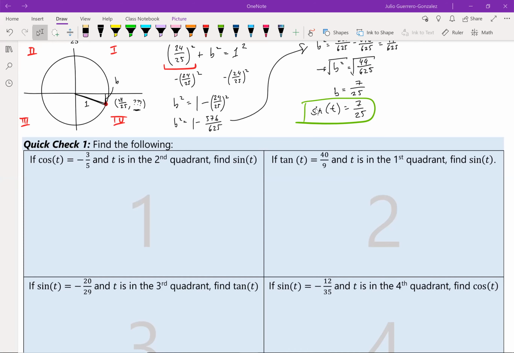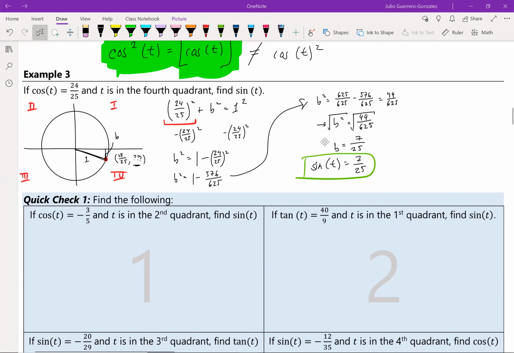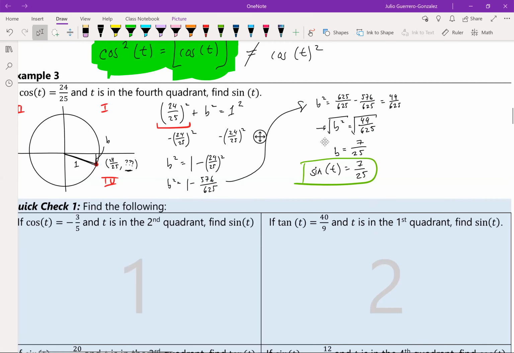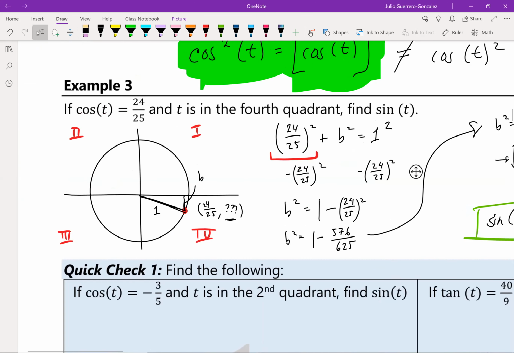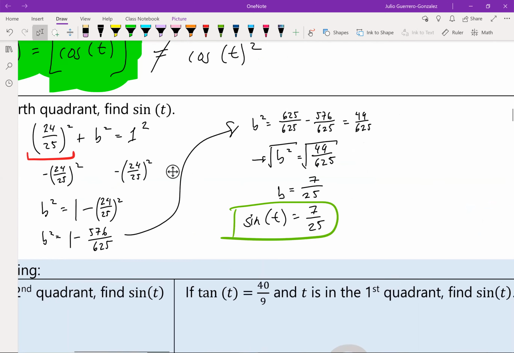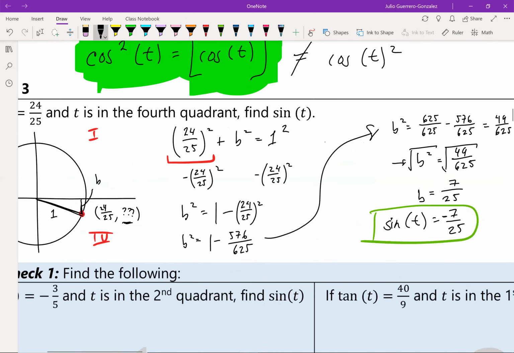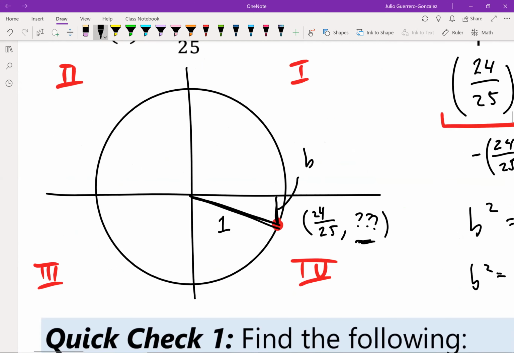You are correct. So just how Joe just said, we are in the fourth quadrant. So that number that we found is going to be negative. What I found for this triangle was the missing side, but that wasn't taking into account the quadrant that we were in, which in this case is negative.